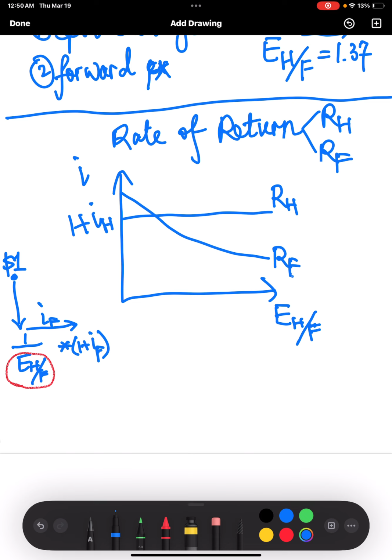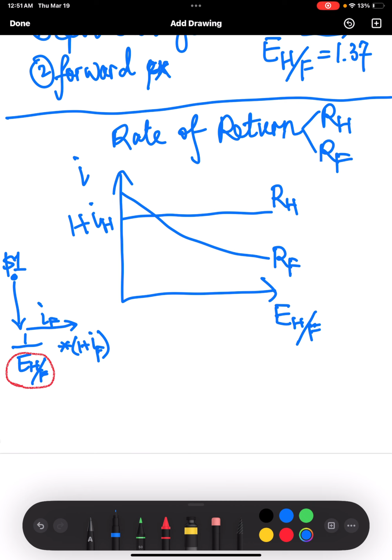And then after we get this amount of money in foreign assets a year from now, this is not finished yet, right? Because eventually, if you compare the two different vehicles, two different venues, you would still need to bring them into the same currency to really have a fair comparison.